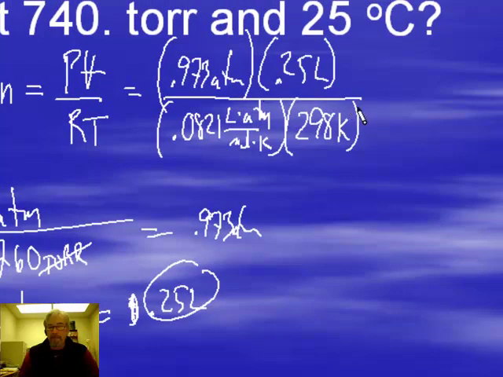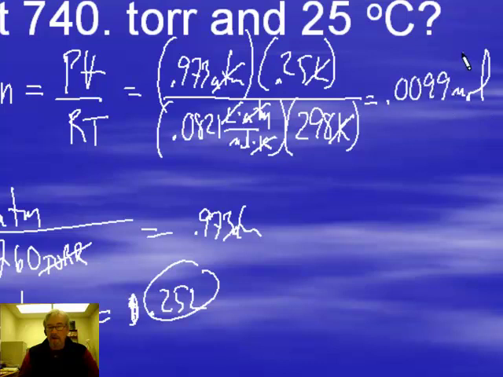Watch what happens to the units. Liters, gone. Atmospheres, gone. Kelvins, gone. The unit that's left is 1 over the reciprocal of moles. So, of course, that's just moles. Two significant figures in my answer. It's 0.0099 moles. So, to apply the ideal gas law, you have to use liters for volume, atmospheres for pressure, kelvins for temperature.